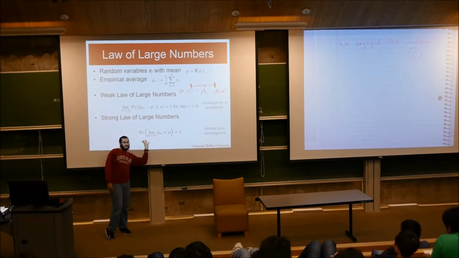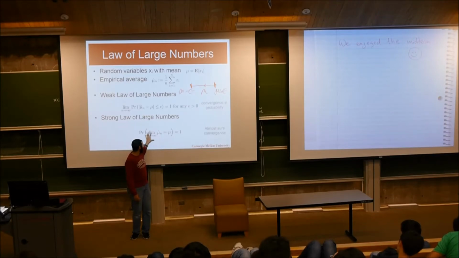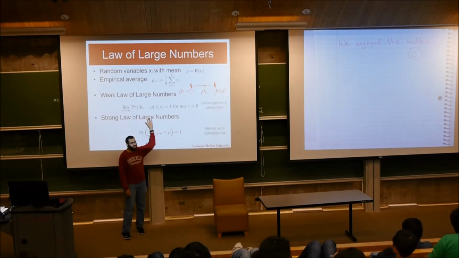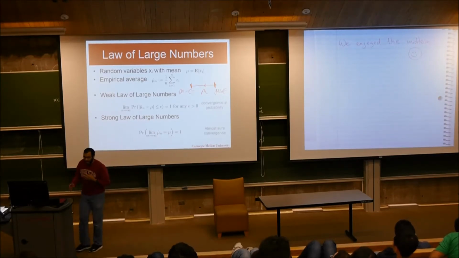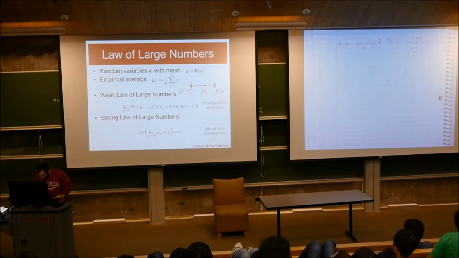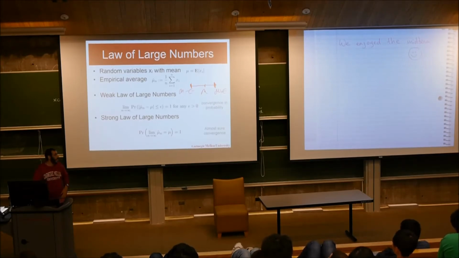This is a stronger condition, so this convergence implies the other convergence. The distinction between them is somewhat technical and beyond this scope. But you just need to know that the empirical average converges to the true mean almost surely, which implies that it converges in probability.